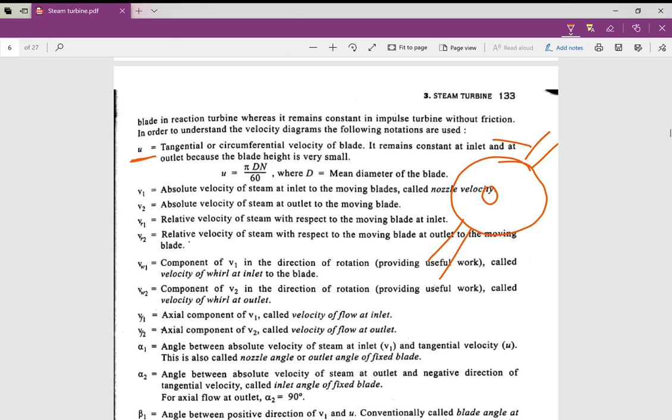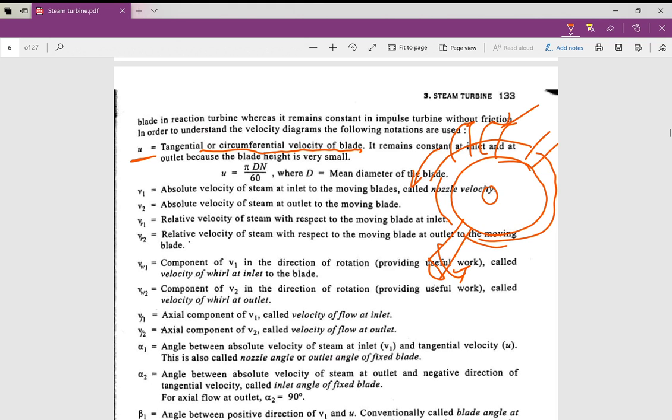On this wheel, blades are mounted like this. When this wheel rotates, this shaft also rotates. So here u is your tangential or circumferential velocity of the blade, which is attached with this wheel.